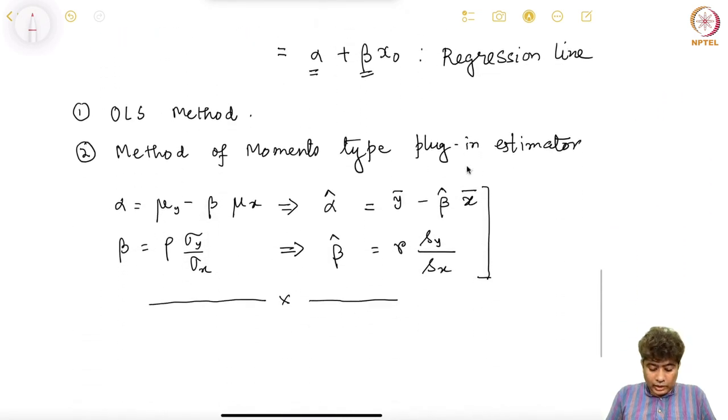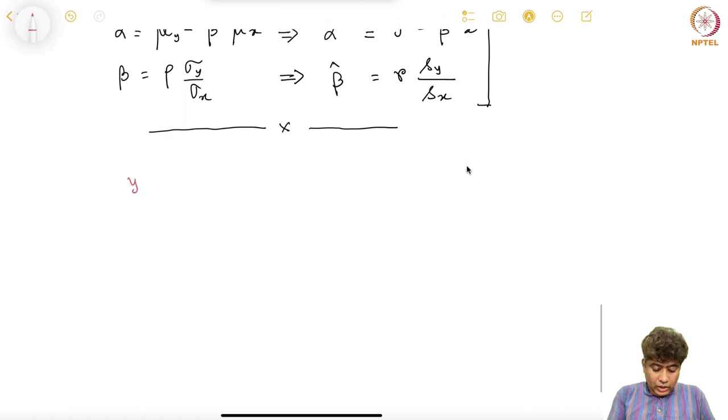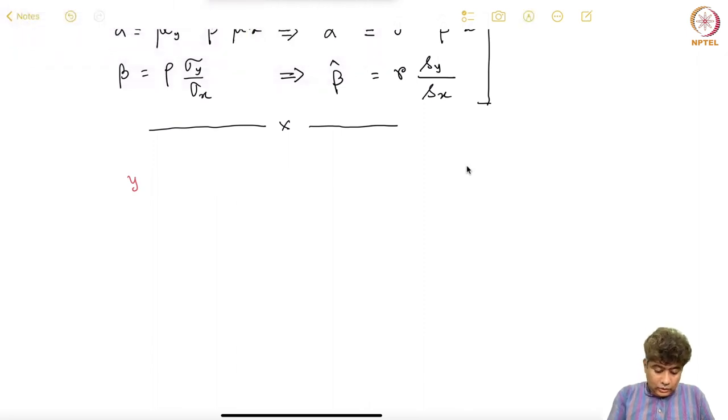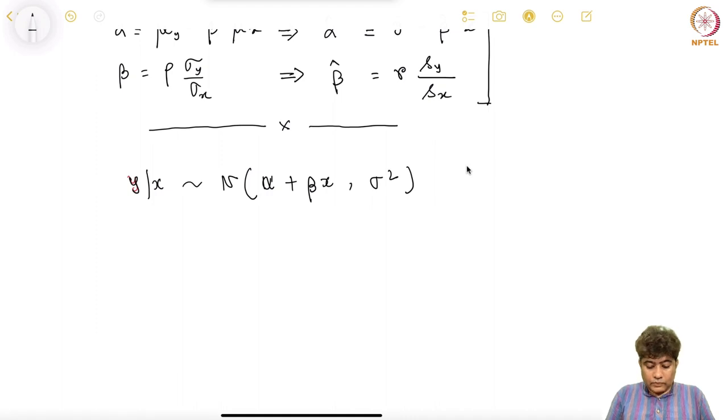Now look carefully, y given x follows normal alpha plus beta x comma some sigma square. This is my conditional distribution. So I have to estimate this sigma square. I have estimated alpha and beta with alpha hat, beta hat.